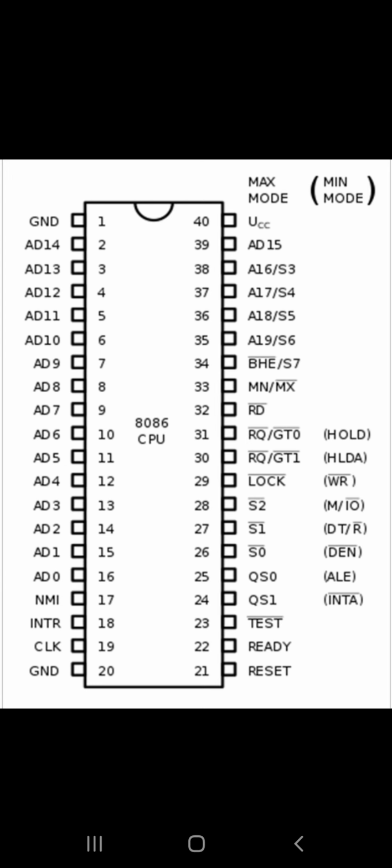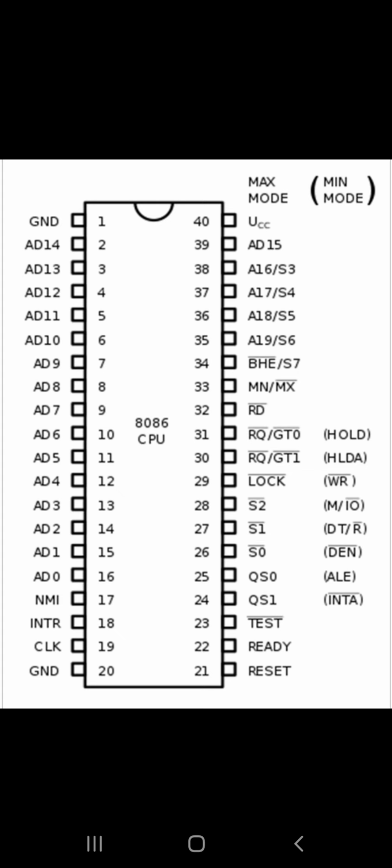So here I want to discuss those two interrupts, maskable and non-maskable. NMI is non-maskable interrupt, and INTR, which is known as interrupt request, is a maskable interrupt. Means any device that is connected on the NMI pin, if that device requests the 8086 for its services, then the 8086 has to process that interrupt, because it is a non-maskable interrupt.